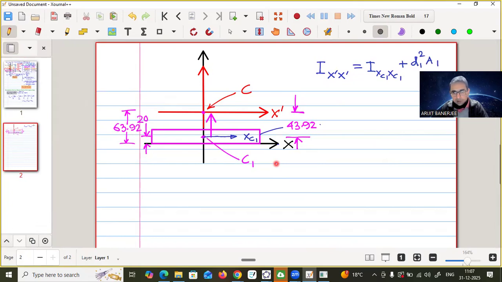This is d1 and this is a1, which we already know. And what is I xc1? No, I am asking for the area moment of inertia. This part.